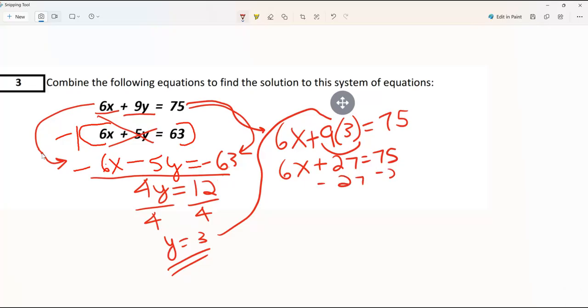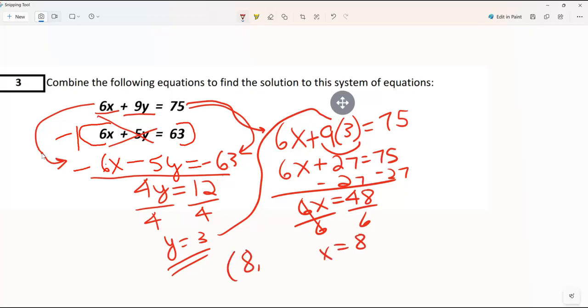Minus 27 on both sides, 6x equals, what is that going to be? That's going to be 48. Then divide by 6, and x equals 8.